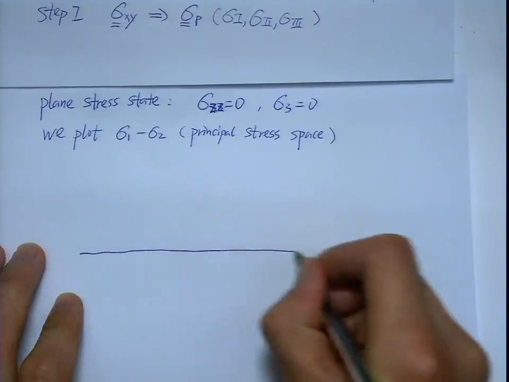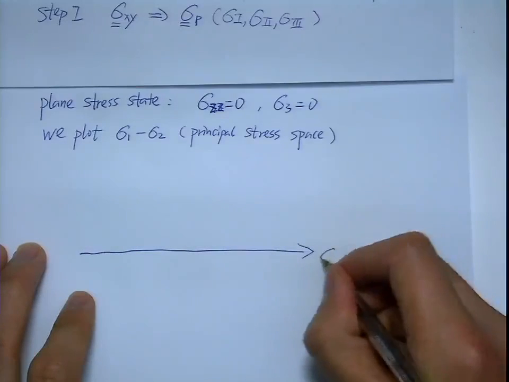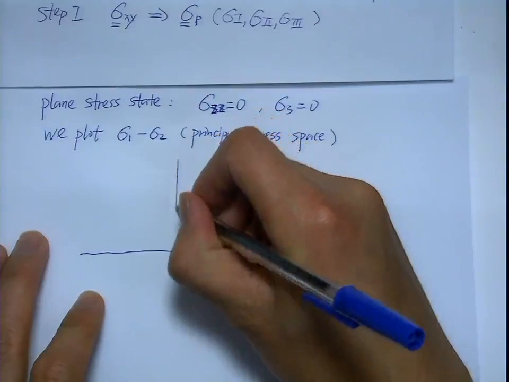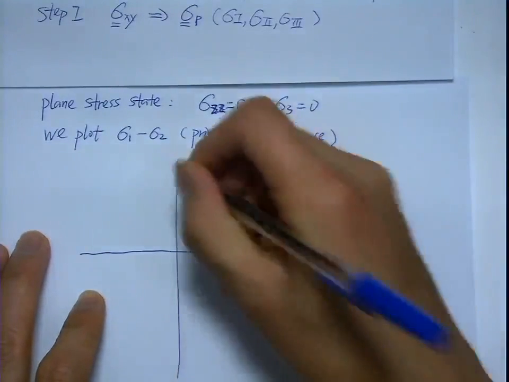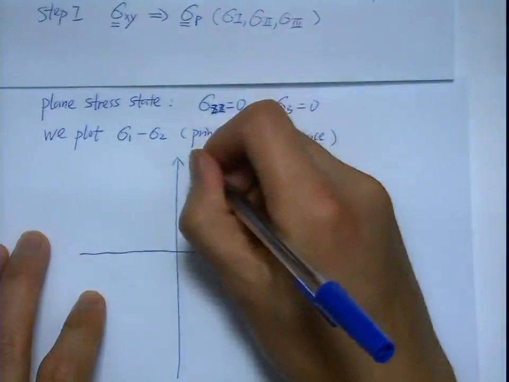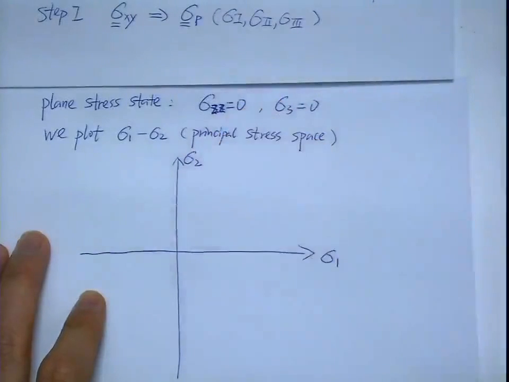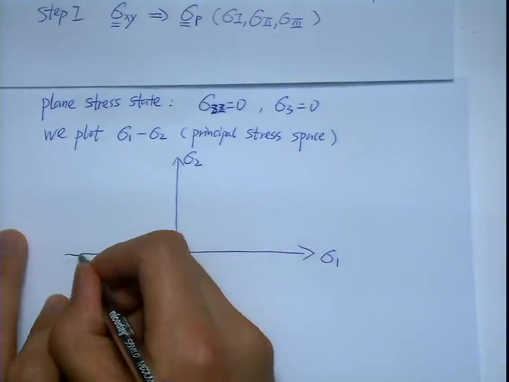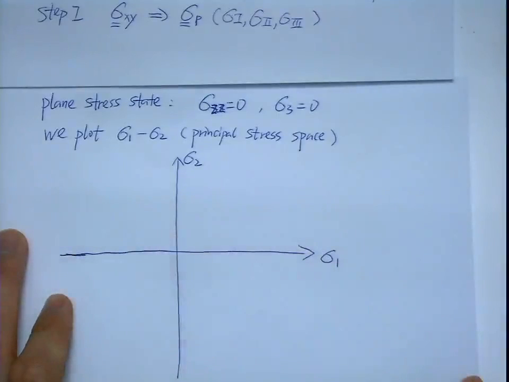One horizontal, you put sigma 1. The other one is a vertical one, sigma 2. Because sigma 3 is 0, we don't need to consider it in this scenario.